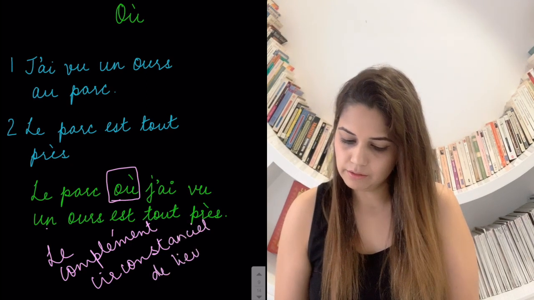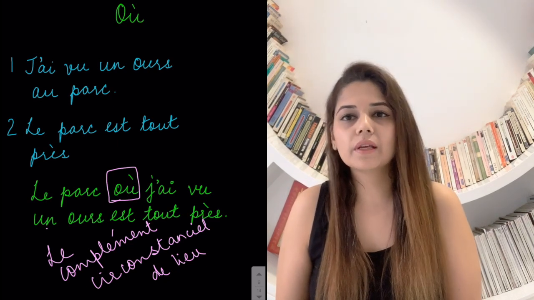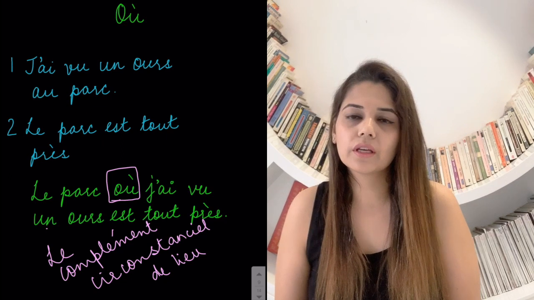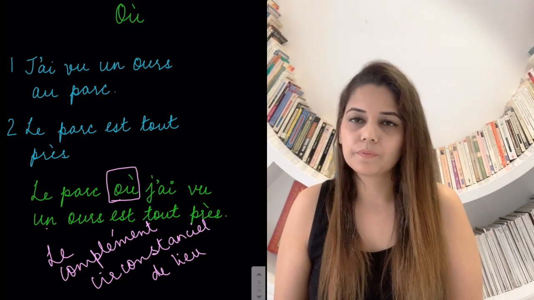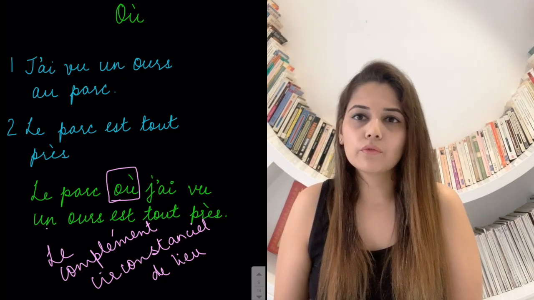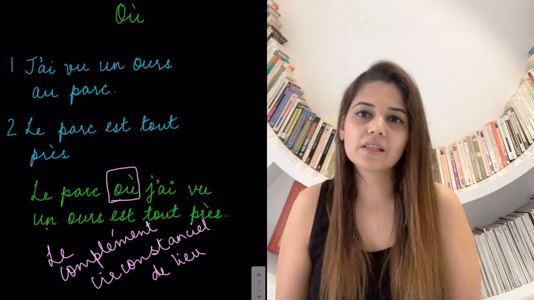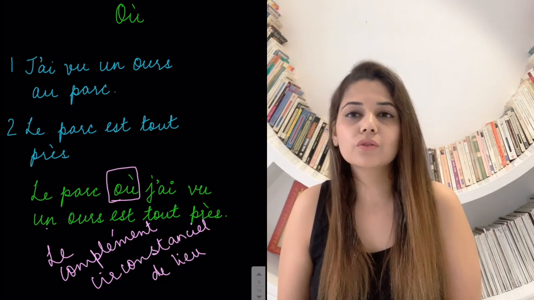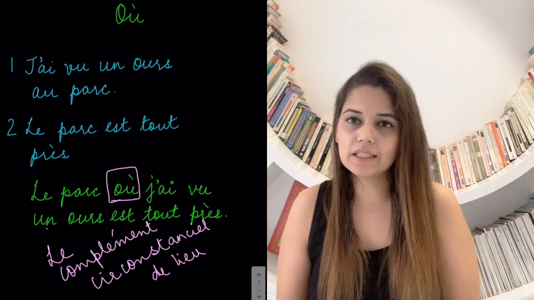That means the complement of place. It is also used to replace le complément circonstanciel de temps, which we are going to discuss in a minute. I hope the use of ou is clear. Now let's have a look at comment les utiliser facilement. That means how we can use these pronoms relatifs donc and ou easily.